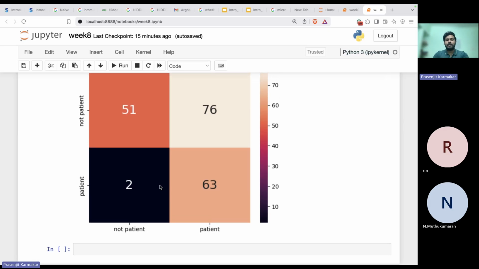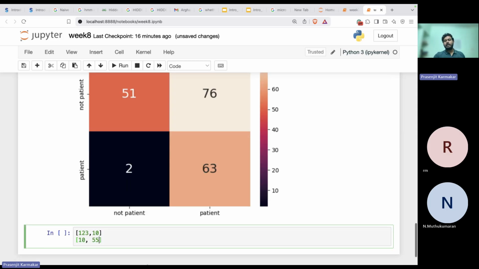So for example, if I had a model something like this, let's say 100, then 26. Let's say here we have 110. So here, let's say we have something like 123 or something. Okay. And at the bottom, we have, let's say 10, comma, 55, right? So this model is actually bad.